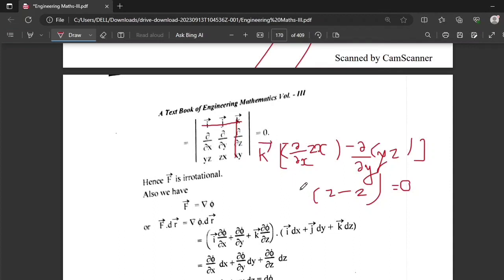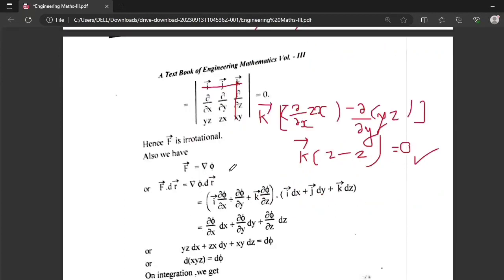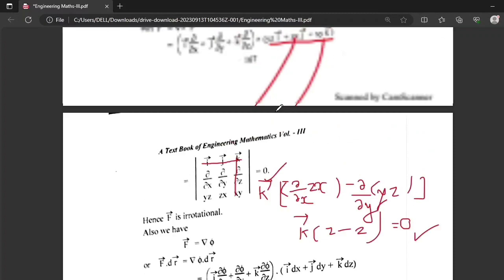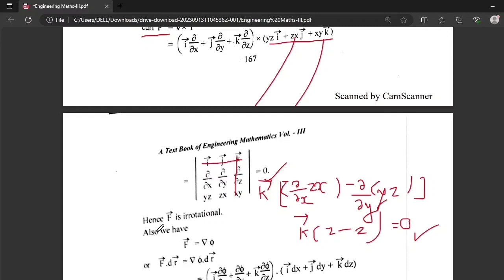So z minus z is also 0. So it is 0 minus 0 plus 0, which is 0. So if curl of F vector is 0, then the vector F is irrotational.